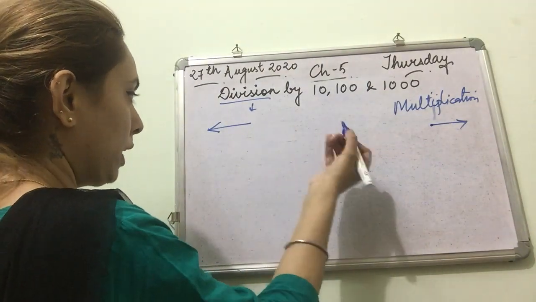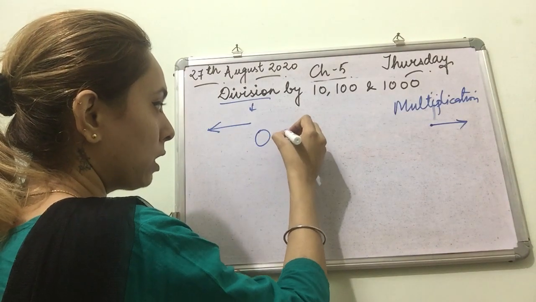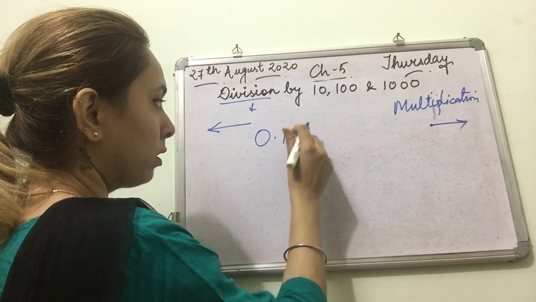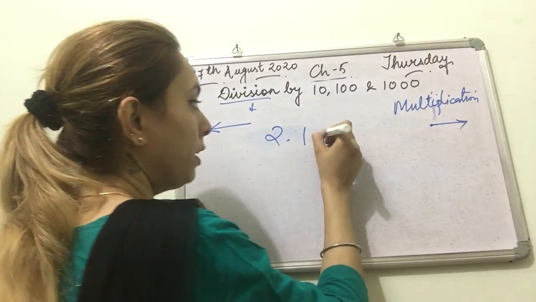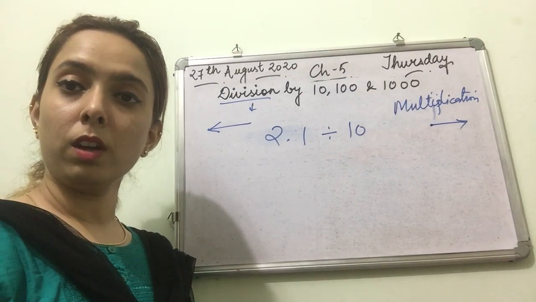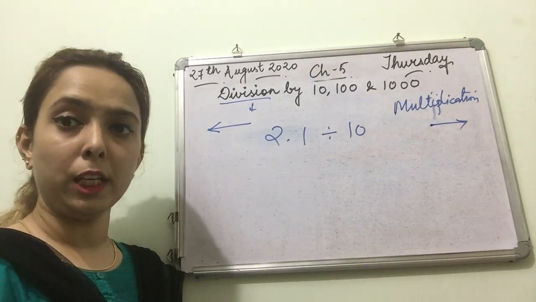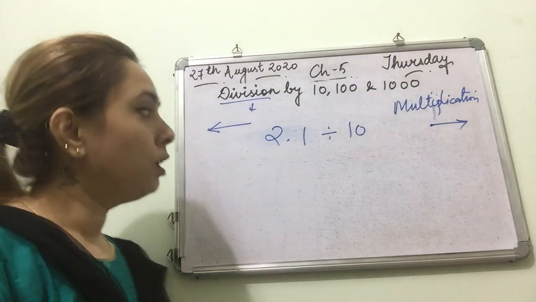Suppose a number is 2.1 divided by 10. I'm telling you the simplest topic. You have to apply this method directly and you will get the answer properly.